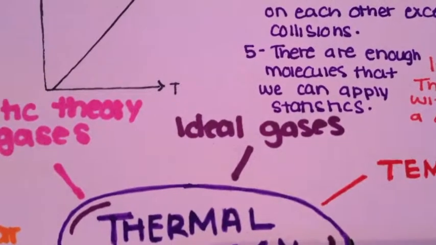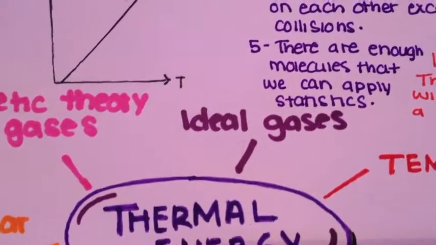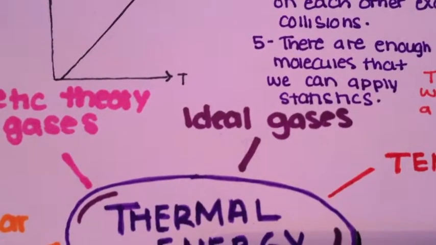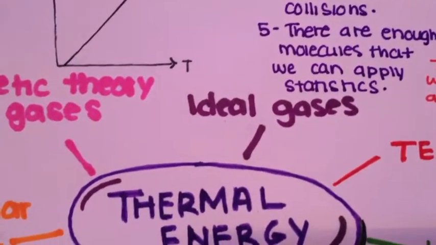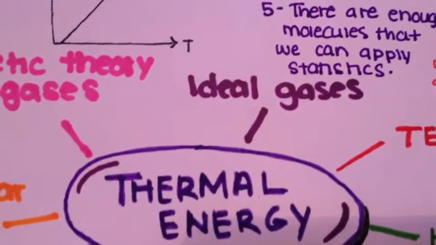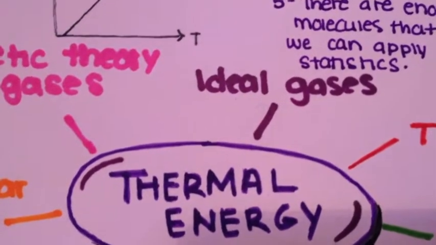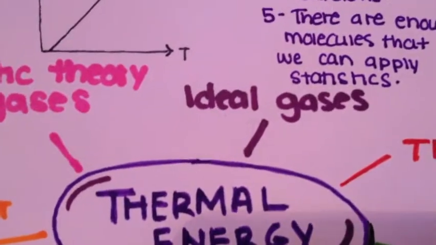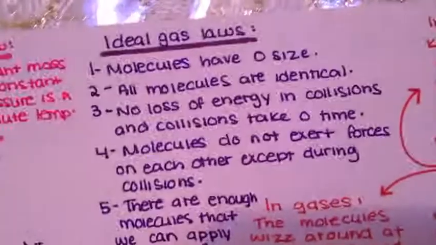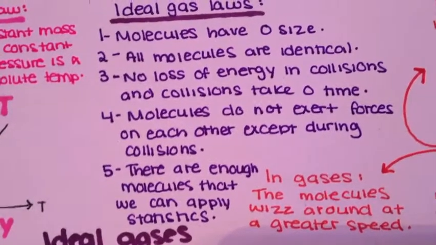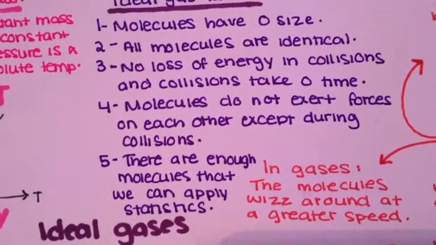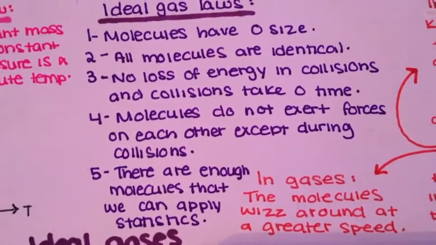The three gas laws are idealized and would work perfectly if we could find a gas which did not suffer from the real-world difficulties that real gases have. And there's a few properties which an ideal gas would have. The ideal gas would have molecules that have zero size, and all molecules in the ideal gas are identical.